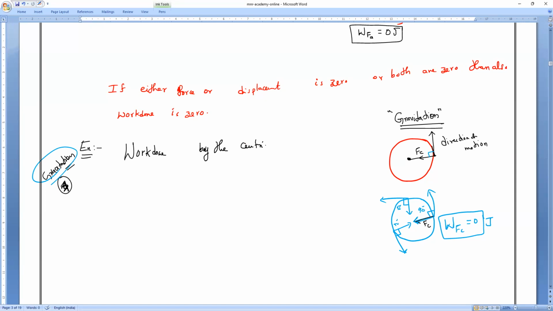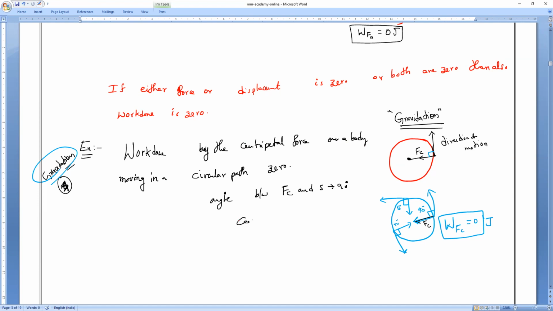Hey, Kishore, are you there? Work done by the centripetal force on a body moving in a circular path is 0. Why is it 0? Because the angle between the centripetal force and S is 90.